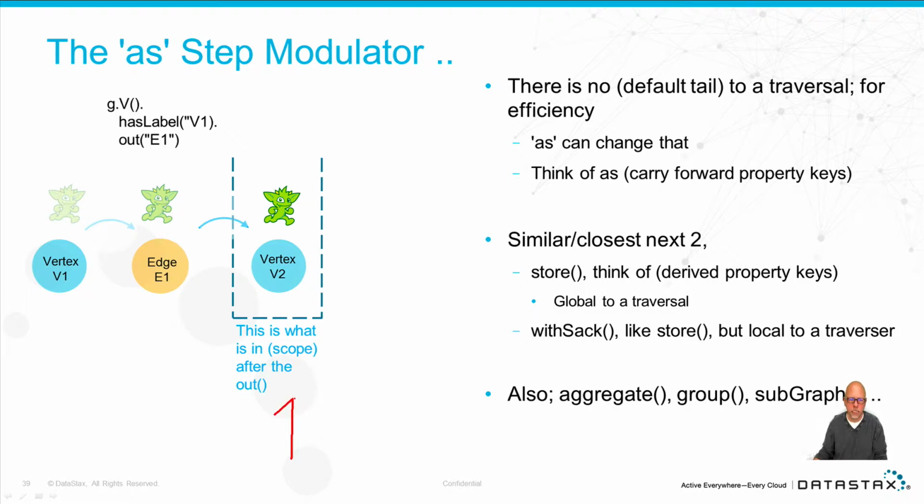The only property keys that are in scope by default are those that would be located on vertex V2. I do not automatically carry all of these columns through the edge, take all the property keys from the edge, carry those to the next vertex.